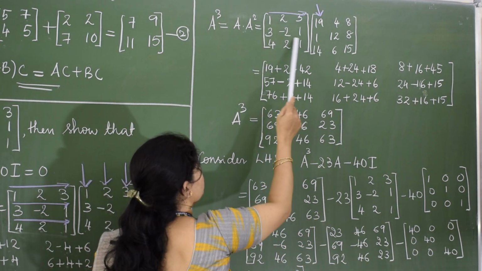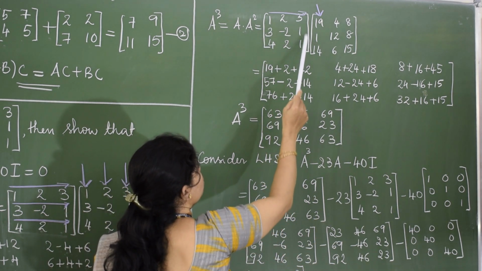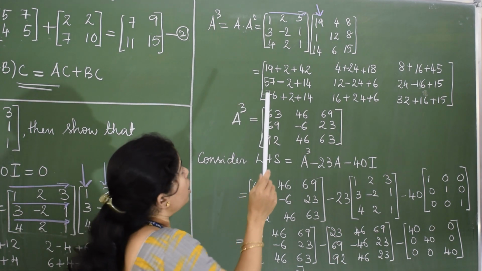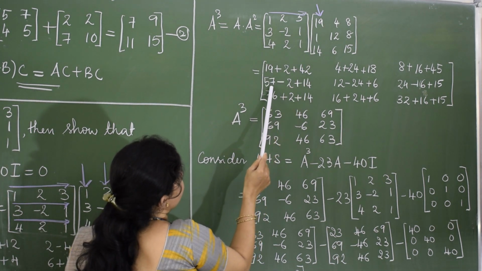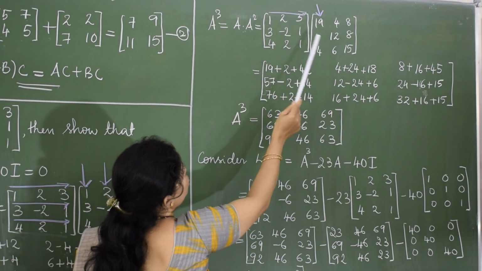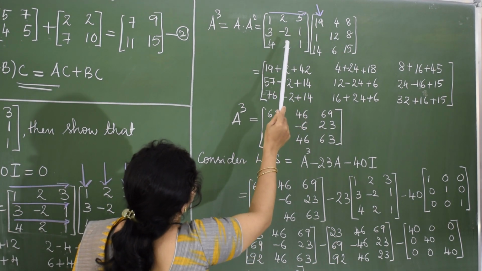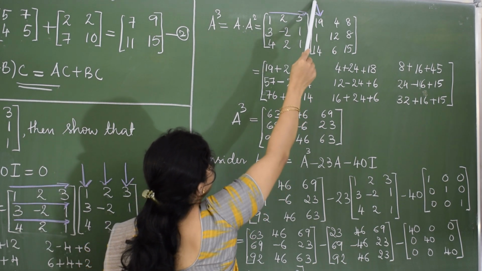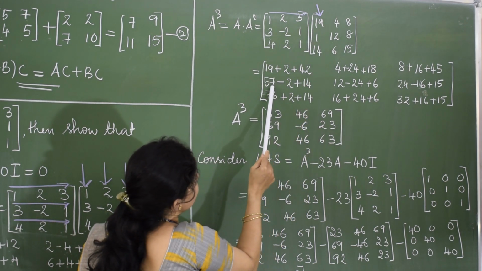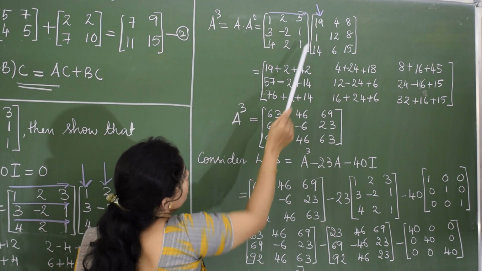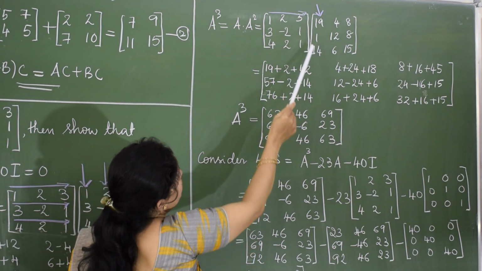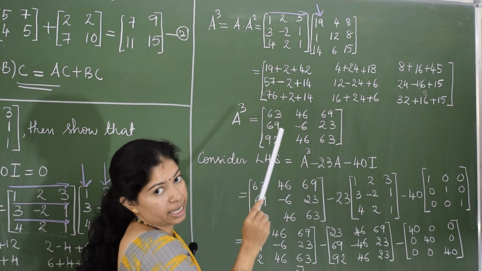Next you have to take the second row. Second row multiply with the first column. 3 into 19, 57 minus 2 into 1 is minus 2 and 1 into 14 is 14.